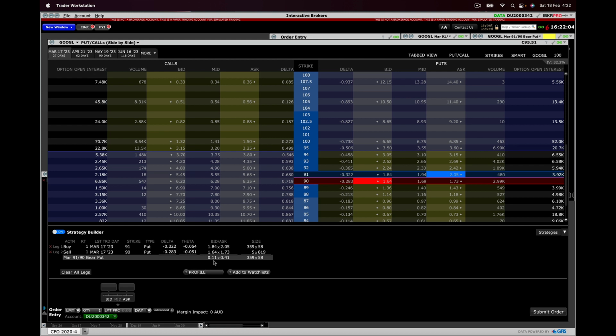We are going to pay, well, 11 cents is the bid, 41 is the ask. In between those two would take us to 26, right? So $26 a contract is what we're risking. And the potential upside is 74. So our potential upside is $74 for one contract, and the maximum risk is $26.